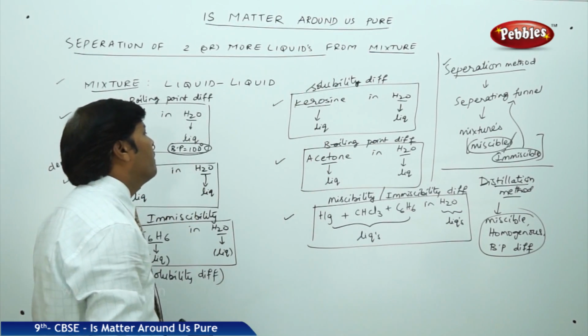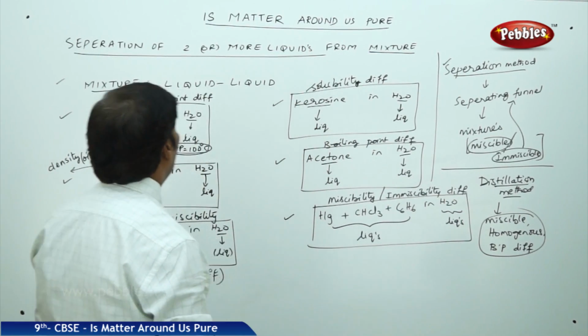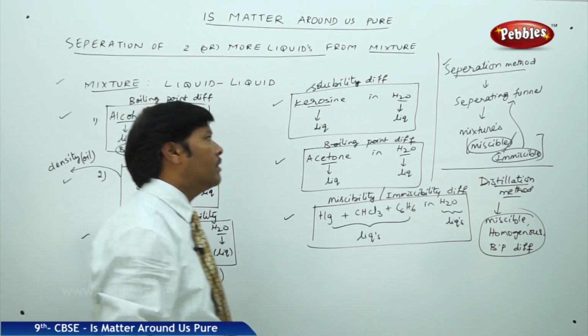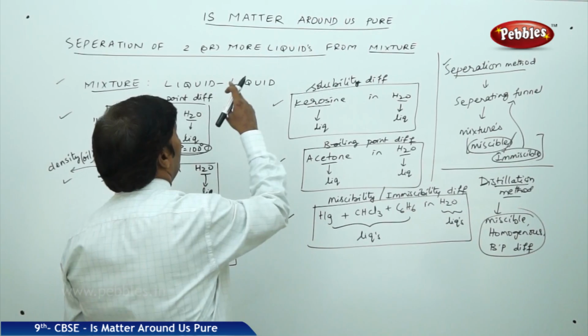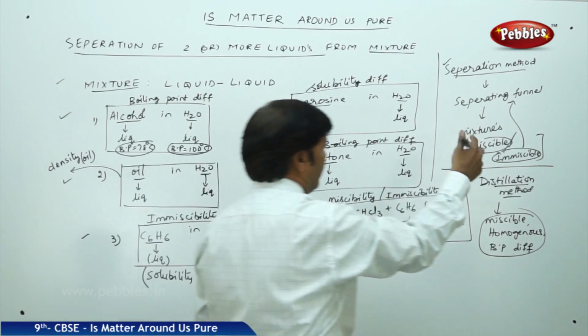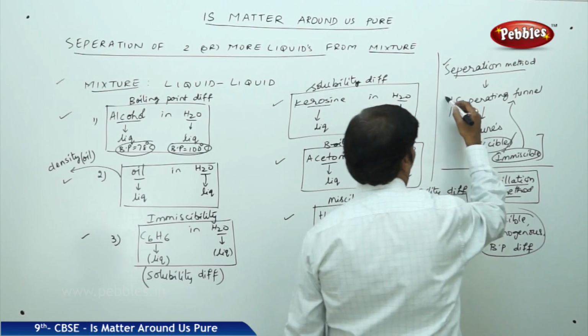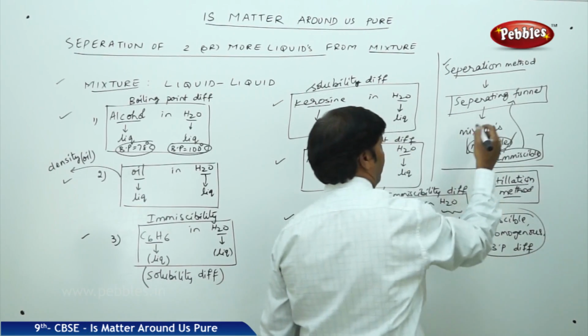So all this we can take into account, and we can carry out the process of distillation. That means here, for separation of two or more liquids from the mixture, we have two methods. One method is the distillation method, another method is the separating funnel method.